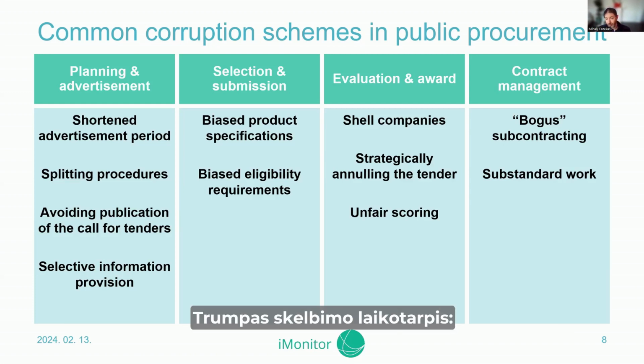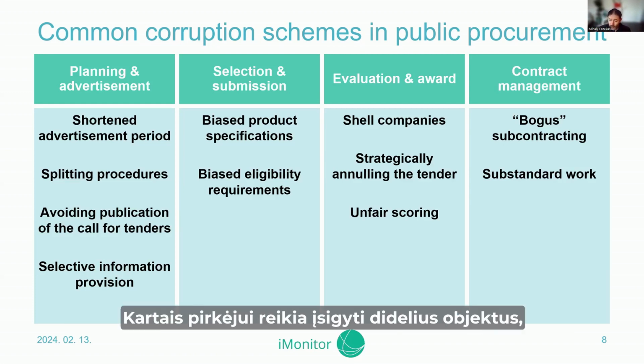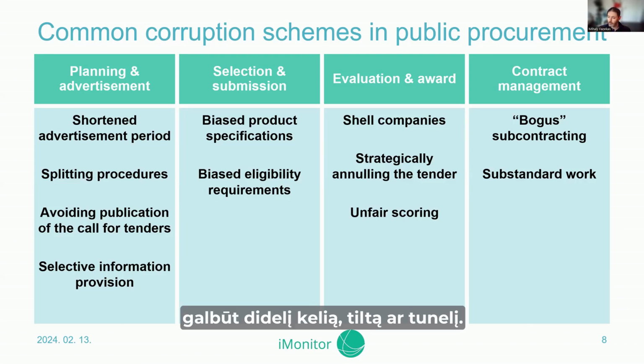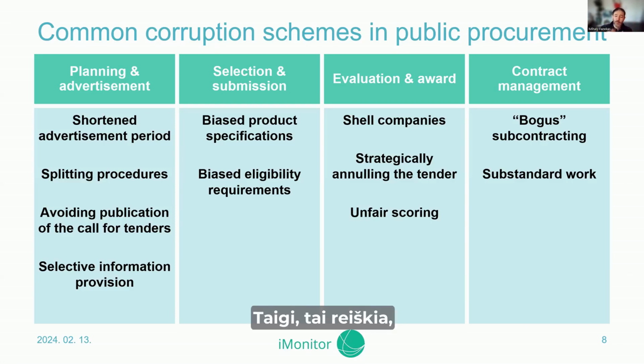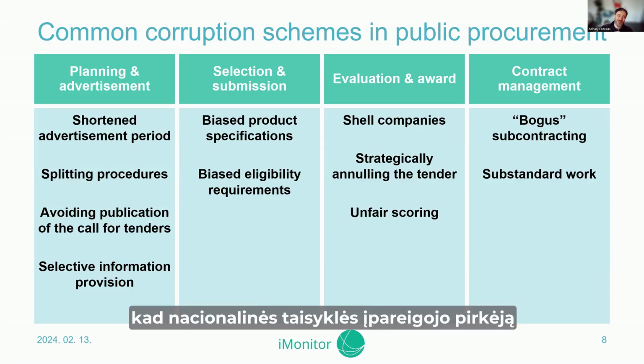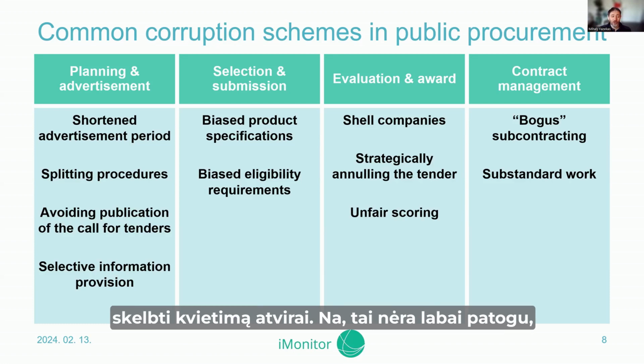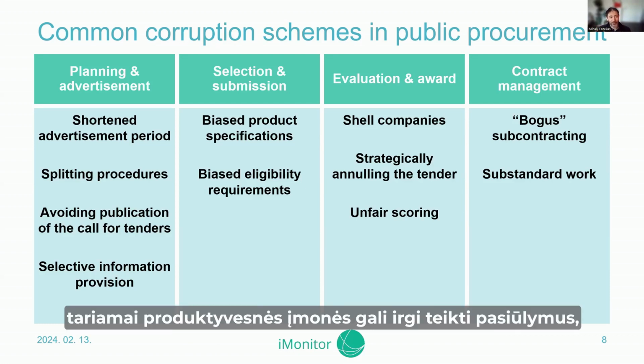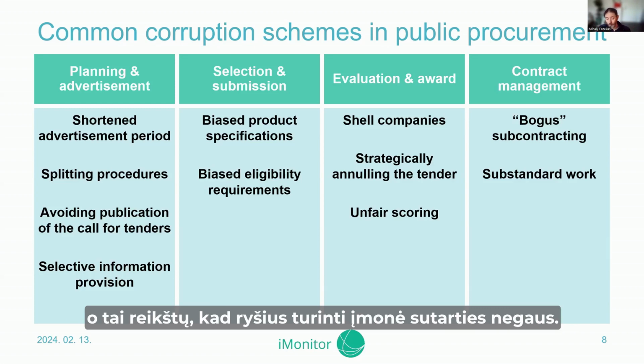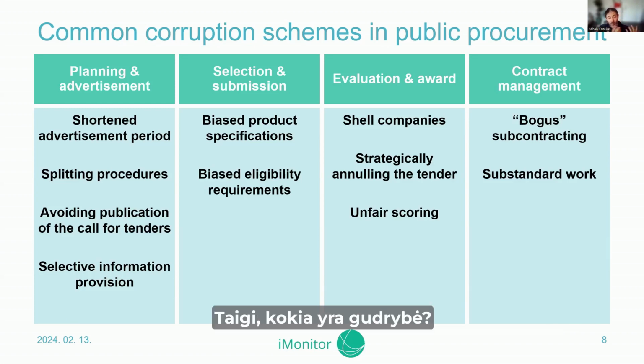Short advertisement period. Sometimes the buyer needs to procure a large product, maybe a big road, a bridge, or a tunnel. That means national rules oblige the buyer to advertise openly. Well, that's not really handy, because then non-connected, supposedly more productive firms can bid, and that would mean that the connected firm will not get the contract. So what's the trick?